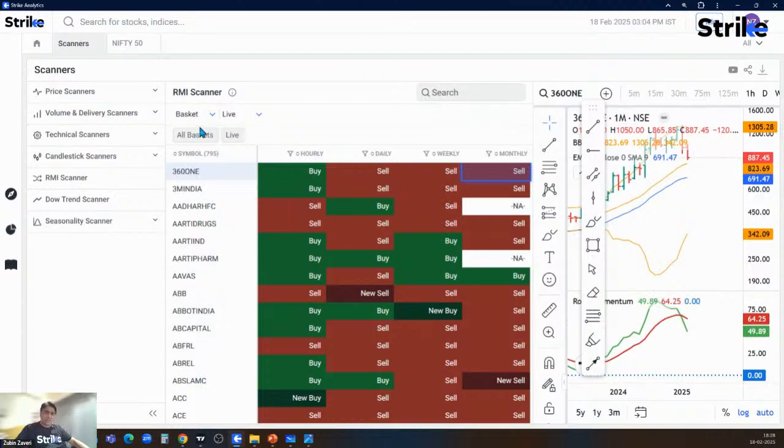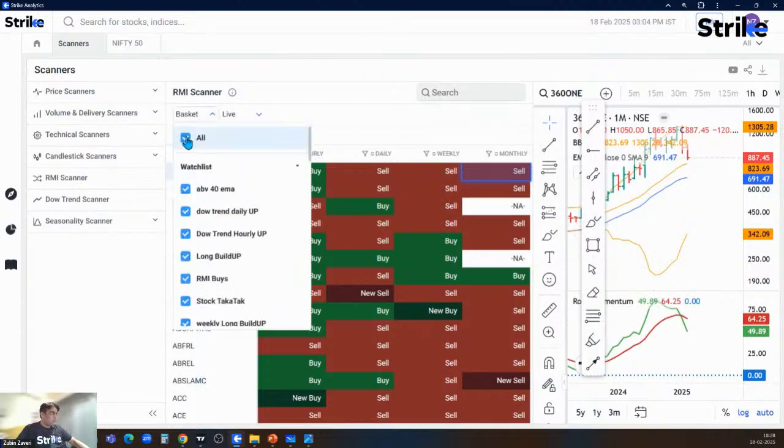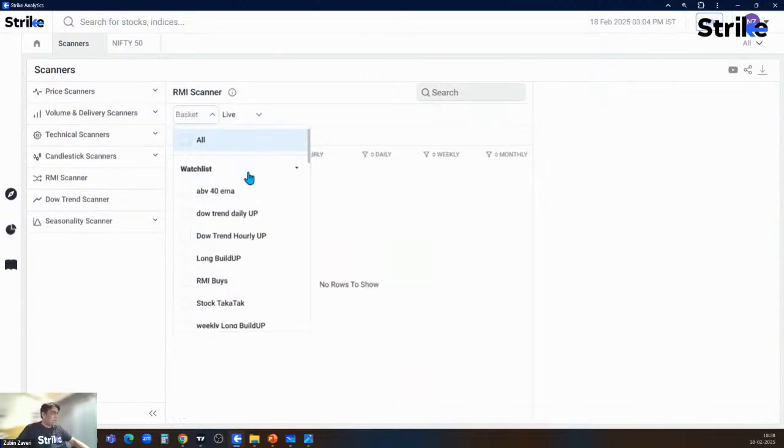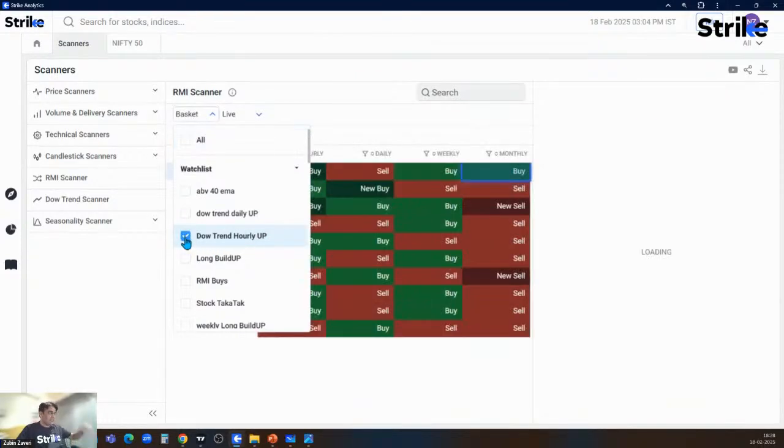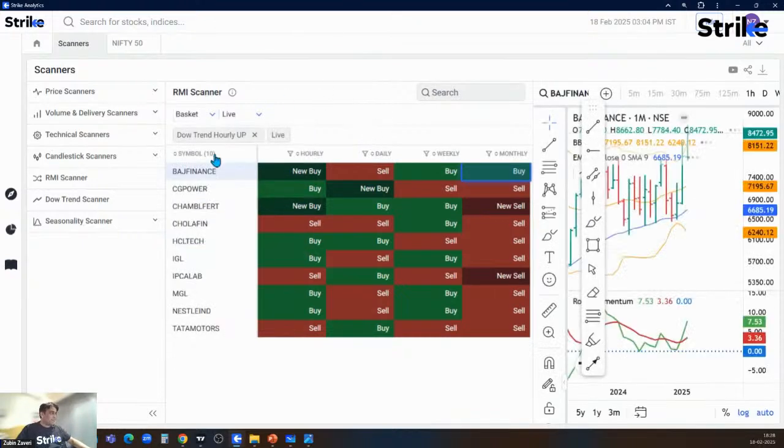Over here, all the baskets are selected by default. What we will do is untick all, and select the Dow trend hourly up watch list that we have just created. Once we do that, we get the list of these 10 stocks. And over here, we can further filter it down to say Bajaj Finance.